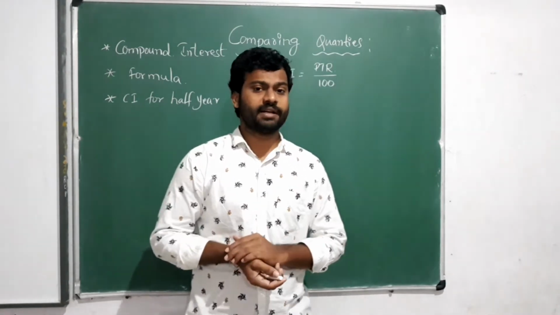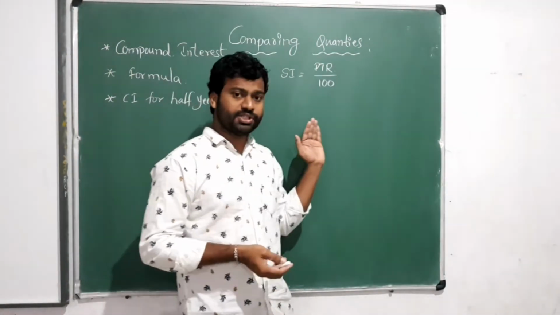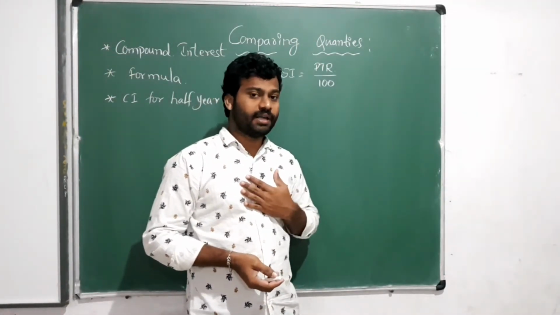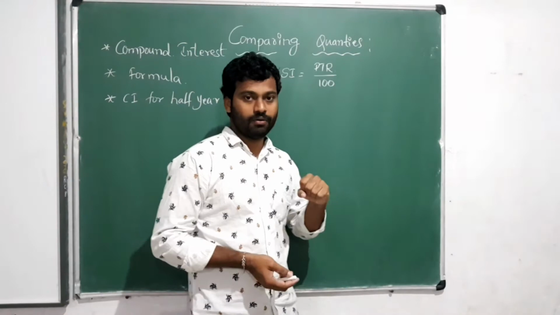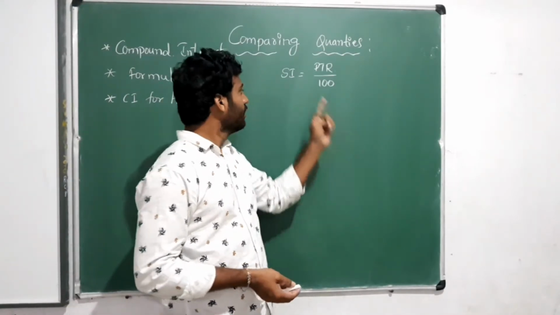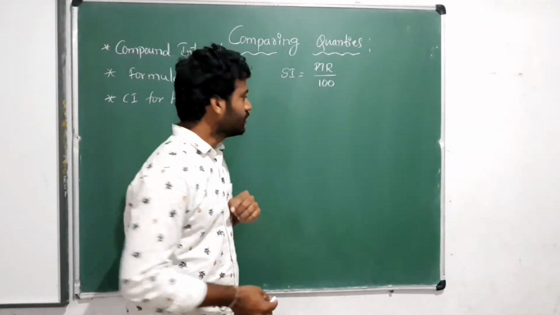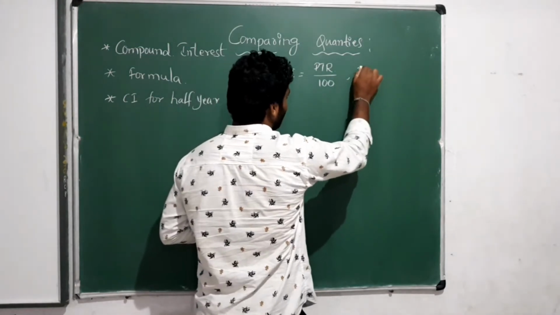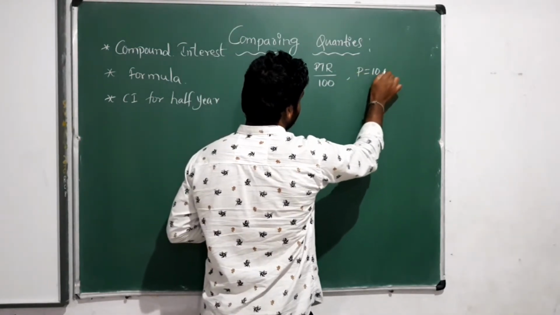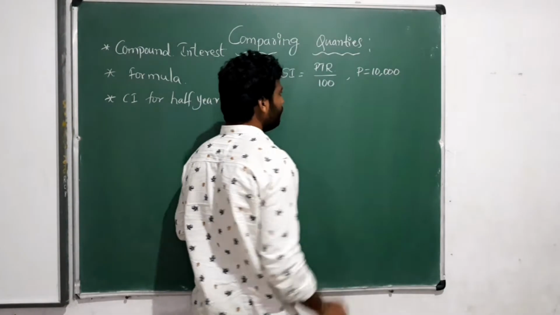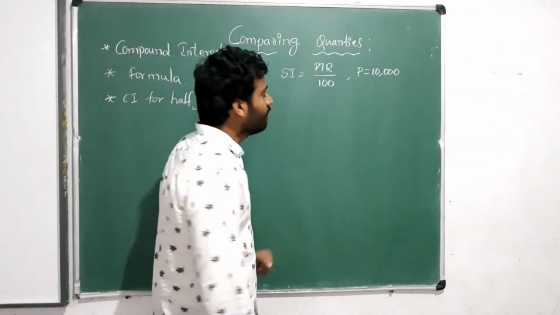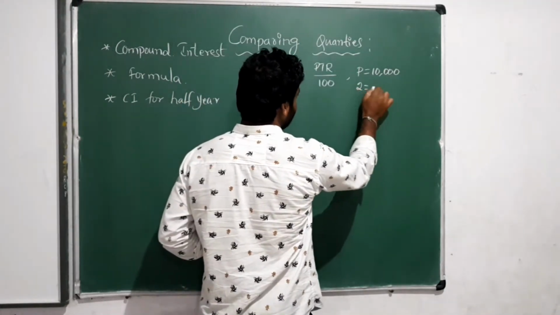See, in the simple interest, suppose I have taken money from my friend. The amount is called principal. The amount I have taken is 10,000. T means time. What is the time?